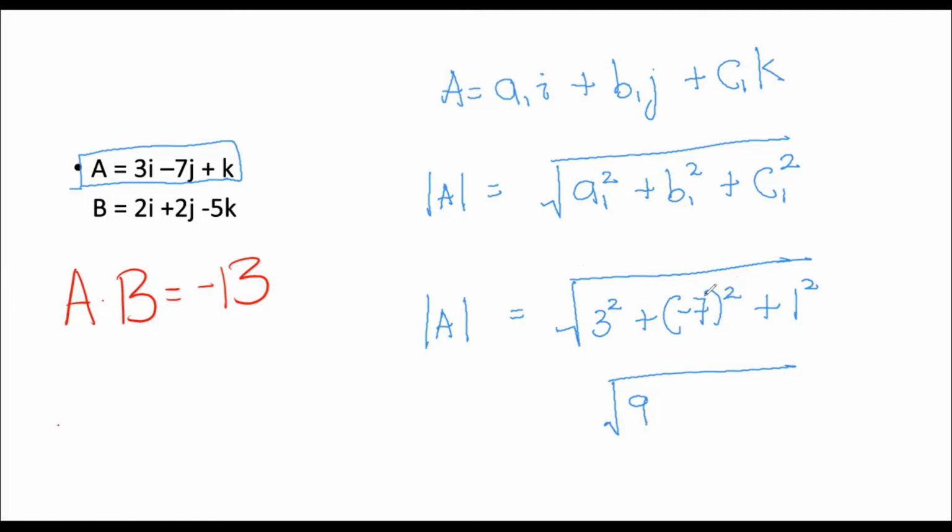When you square a negative value, it gives you a positive answer. That will be 9 plus 49 plus the square of 1, which is also 1. So we have 50 plus 9, which is 59. So the magnitude of A here is root 59. Sorry about my 9, looks like Q.